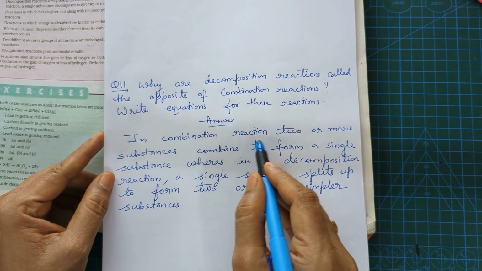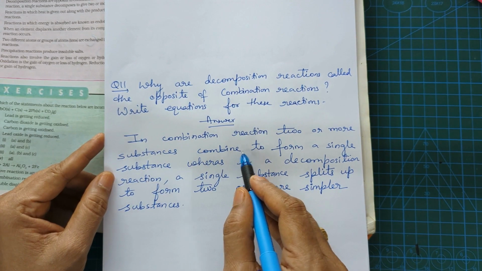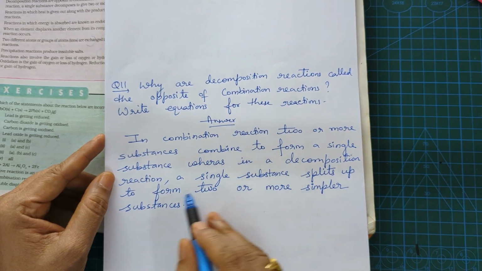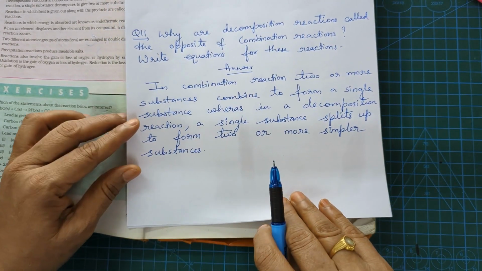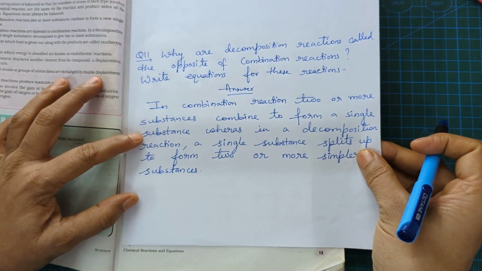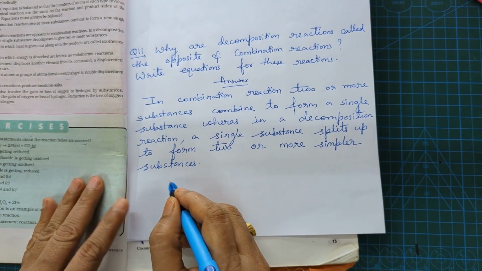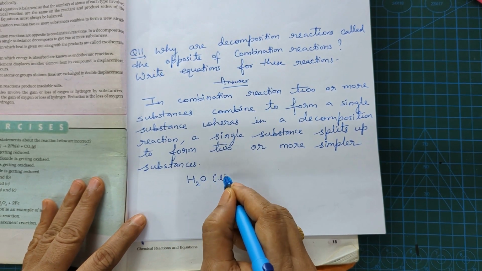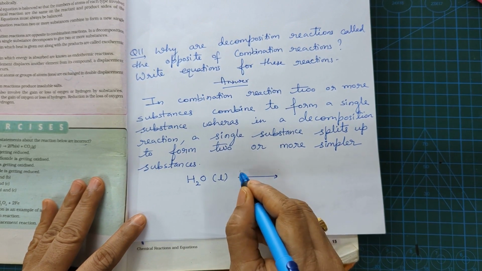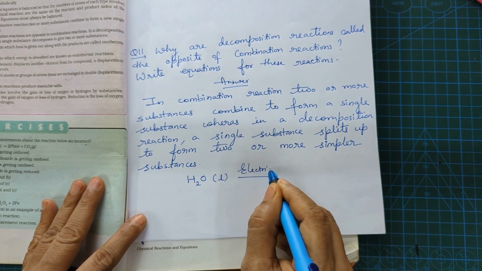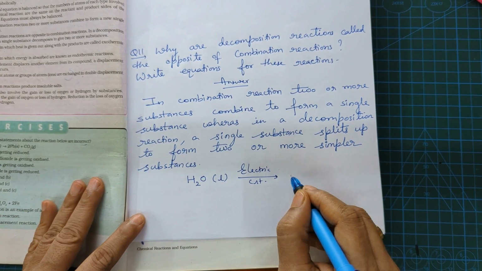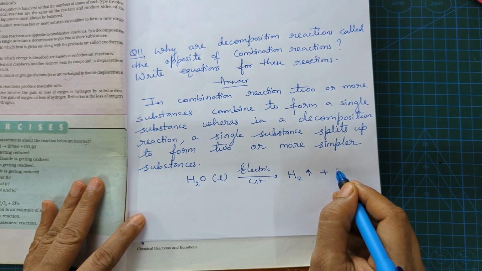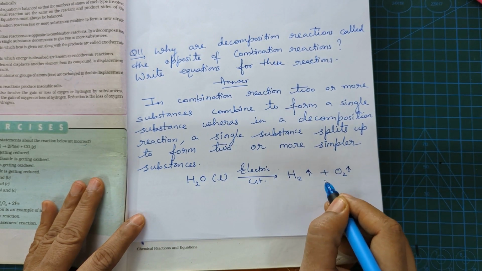So in a combination reaction, two or more substances combine to form a single substance, whereas in a decomposition reaction, a single substance splits up to form two or more simpler substances. Writing equations for this, let's write for decomposition. We know water, when electric current is made to pass through water, decomposes to hydrogen and oxygen gas. This process is called hydrolysis of water.